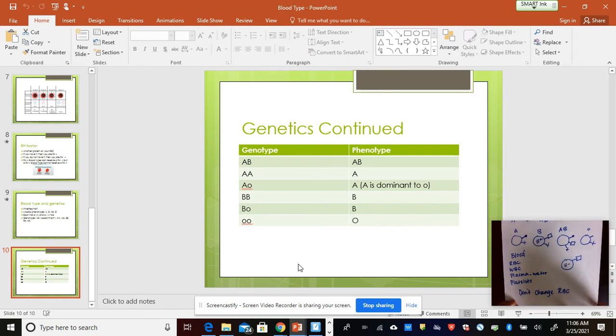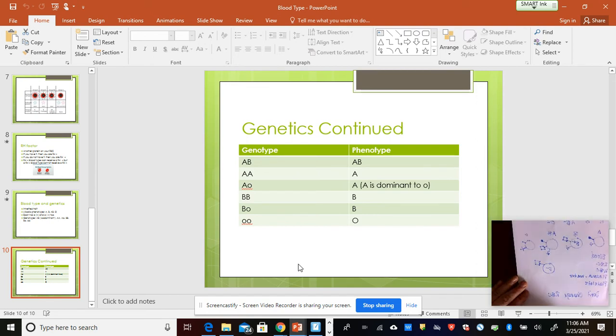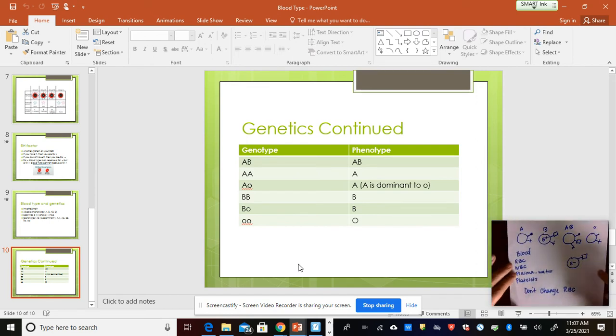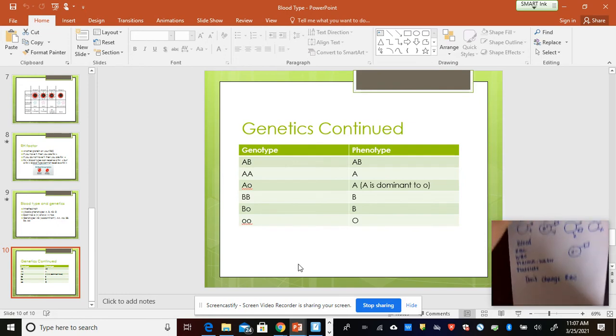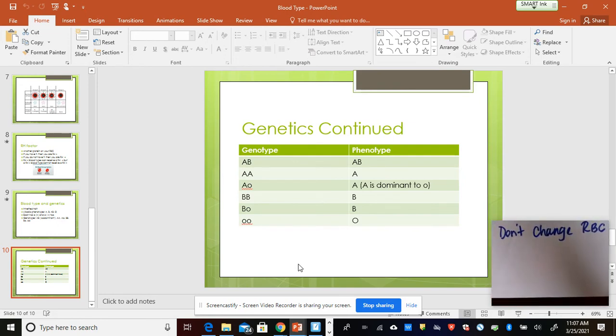So if we're trying to determine who can safely receive from other blood types, then I want you to picture this. We don't want to change the red blood cell, right?